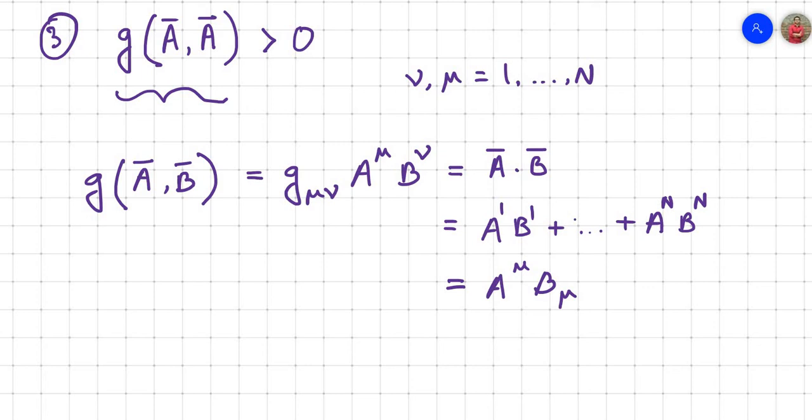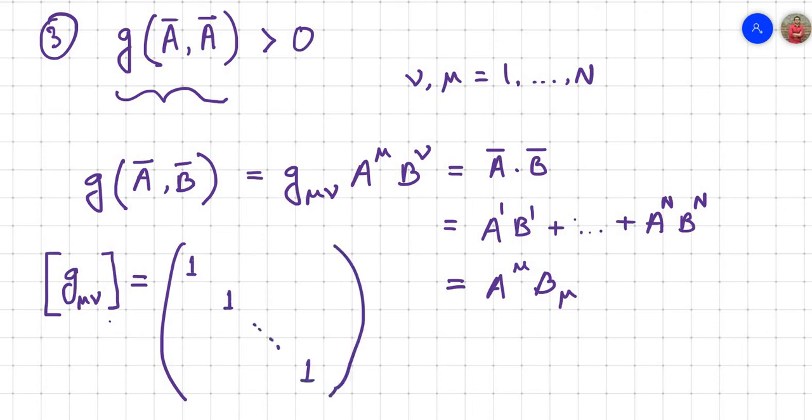So this will mean a couple of things. One, the matrix representation of this tensor g mu nu, and we put square brackets around it to indicate that we're writing the matrix representation, should be, as evident from this expression, a diagonal matrix, with simply 1, 1 along the main diagonal and 0 everywhere else.